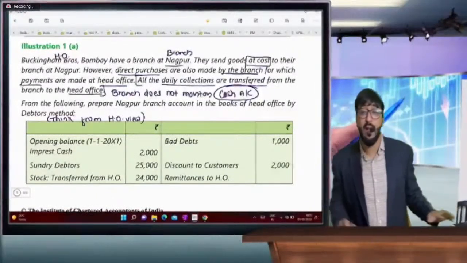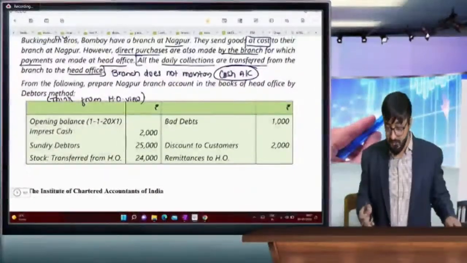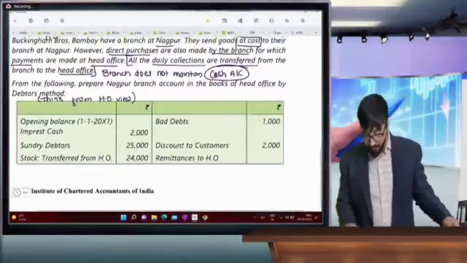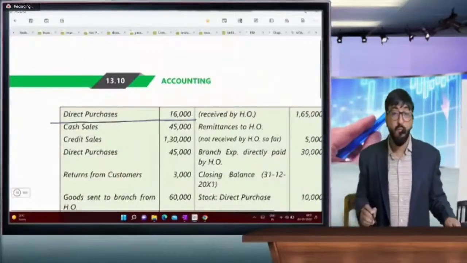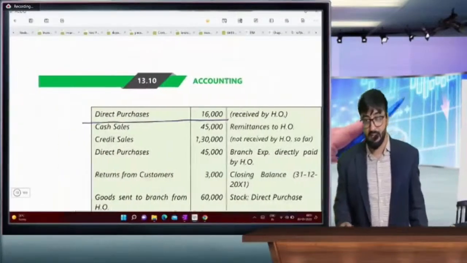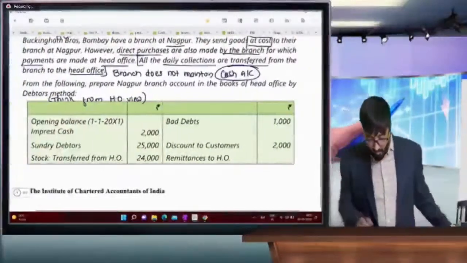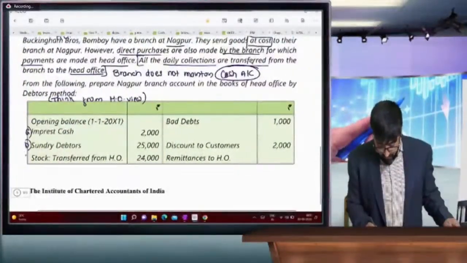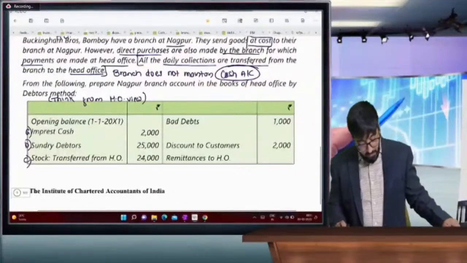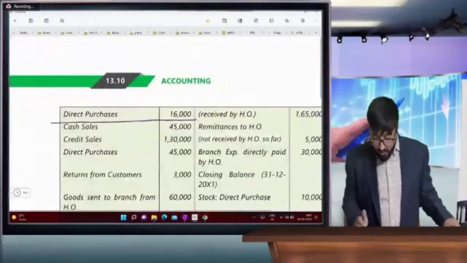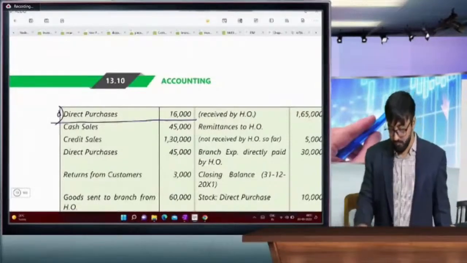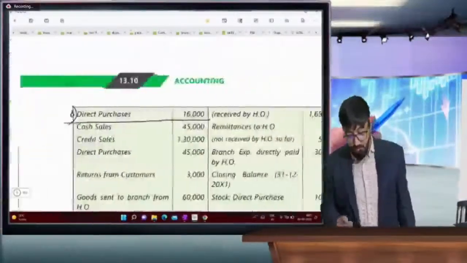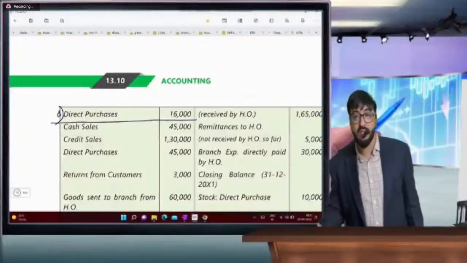How many opening balances? Imprest cash, sundry debtors, stock, and direct purchases. So till this, you have 4 opening balances. Impressed cash, debtors, stock, in which there are 2 stocks: one is transfer from HO and the second one is direct purchases.